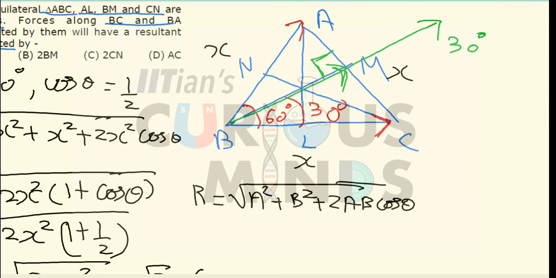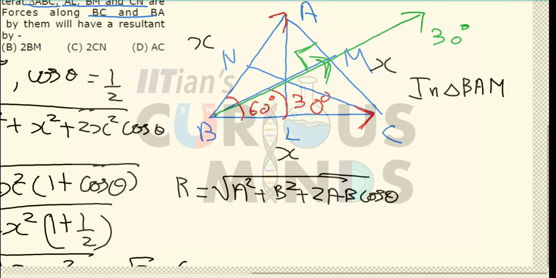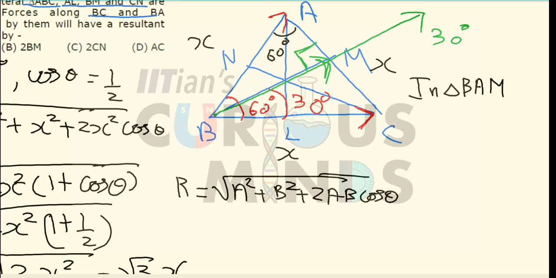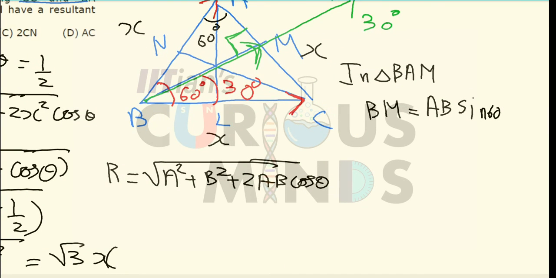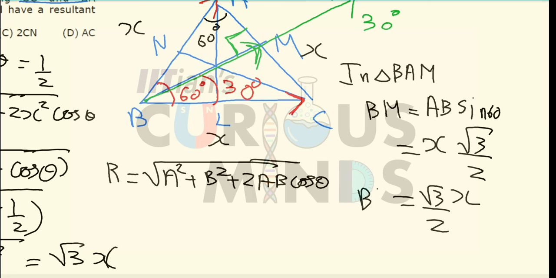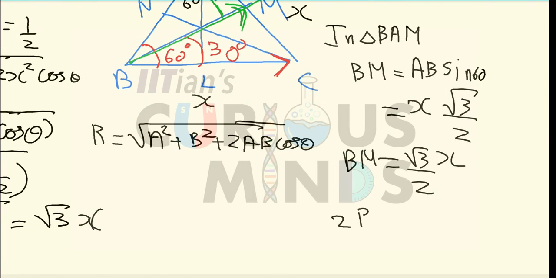When I consider the triangle BAM, angle A will be equal to 60 degrees. So BM is equal to AB sin 60, and any side AB is x, sin 60 is root 3 by 2, so BM is root 3 by 2 into x. So 2 times BM will be equal to root 3 x.